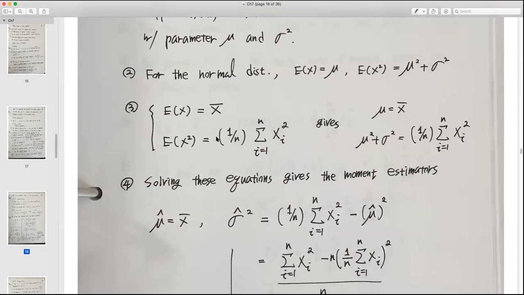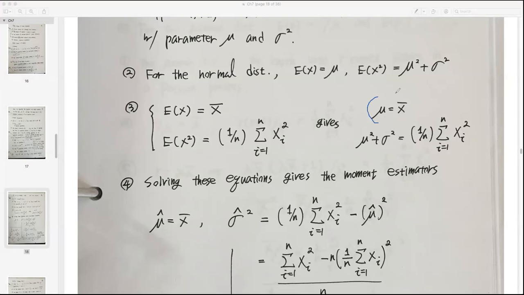The second sample moment is 1 over n times the sum of xi squared. Now we equate: mu equals x bar, and mu squared plus sigma squared, the second population moment, is equal to the second sample moment.